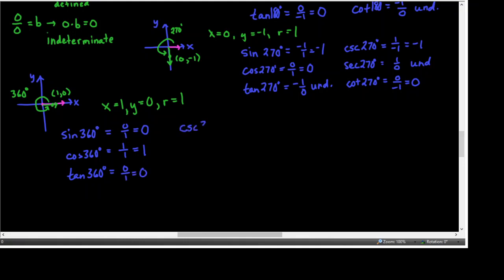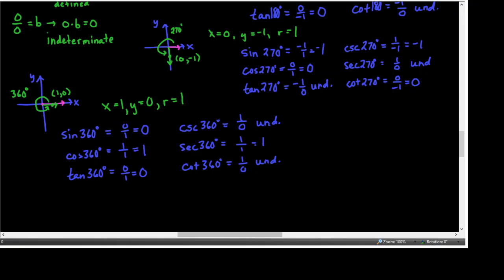The cosecant of 360 degrees is r over y, so undefined. The secant of 360 degrees is r over x, so 1. And the cotangent of 360 degrees is x over y, so undefined.